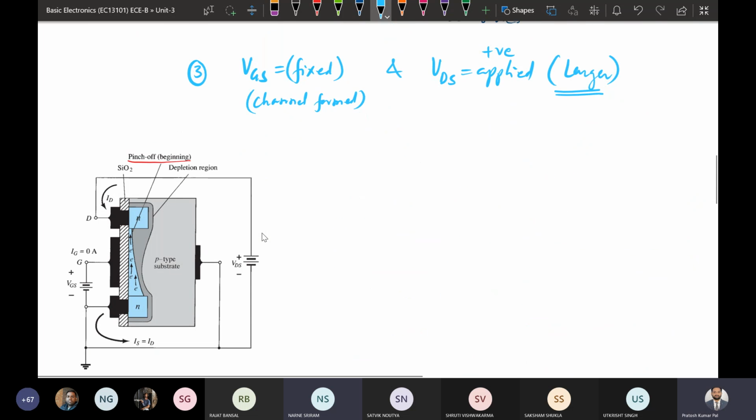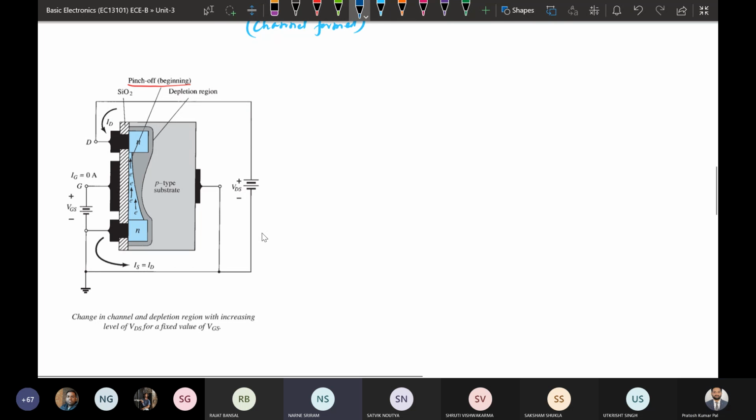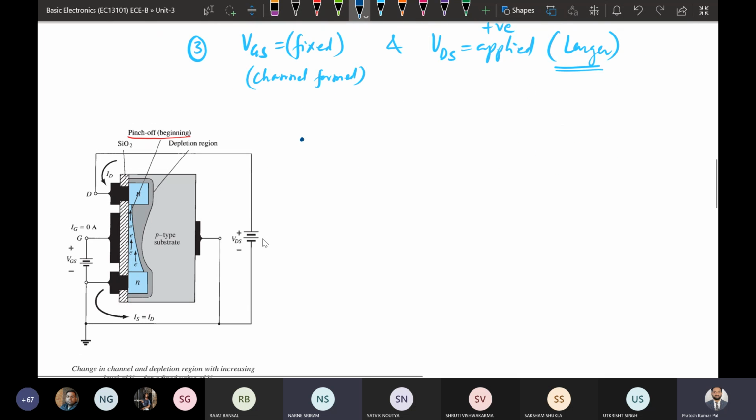So as it is a large value, the current, as we increase the drain to source voltage, between the source and drain will keep on increasing till the channel pinches off.